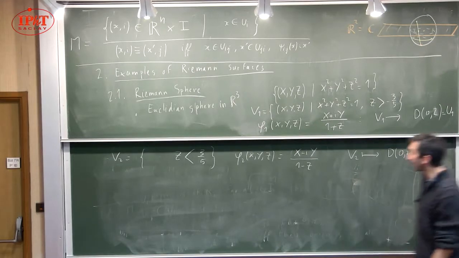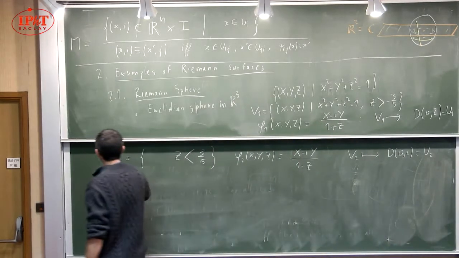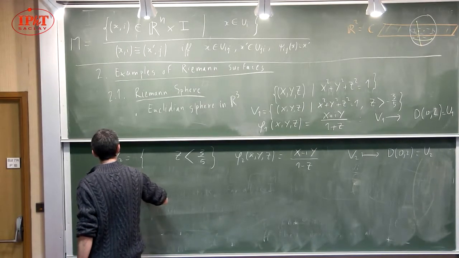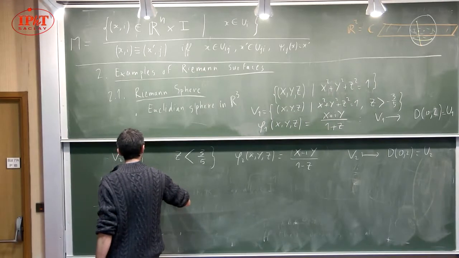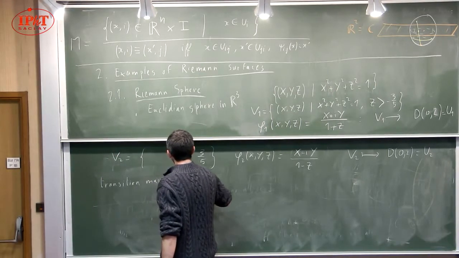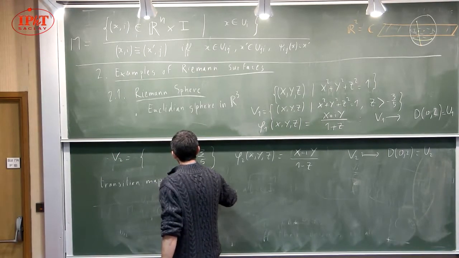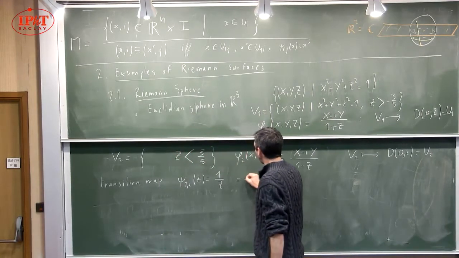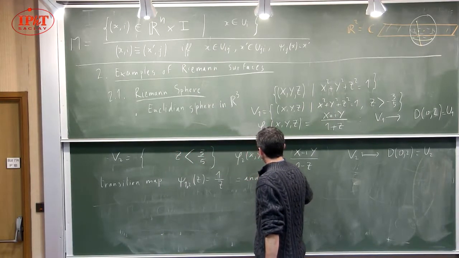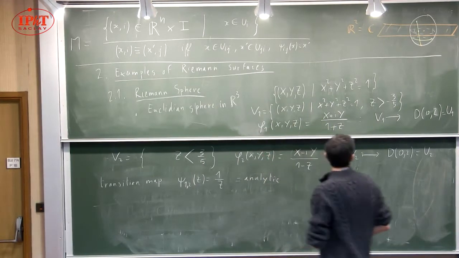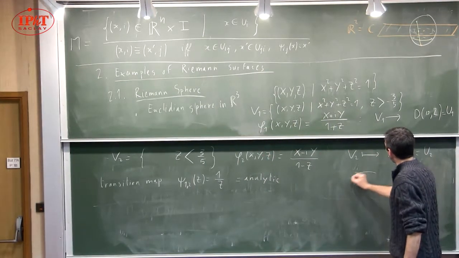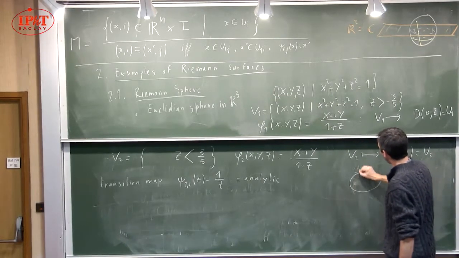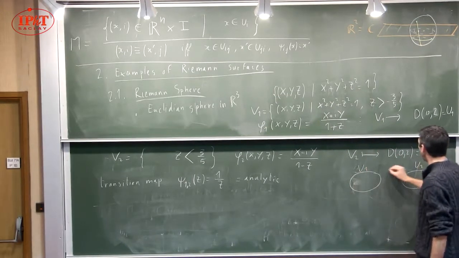And the transition map psi 1, 2 of z is just 1 over z, which is analytic. So basically it sends the disk of radius 2, so it sends U1 to U2.